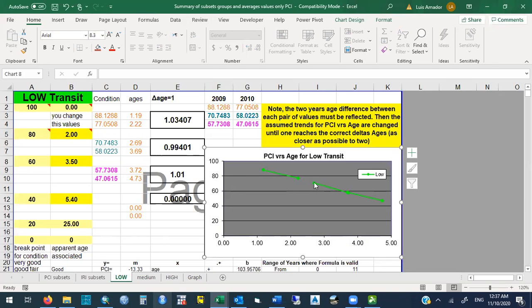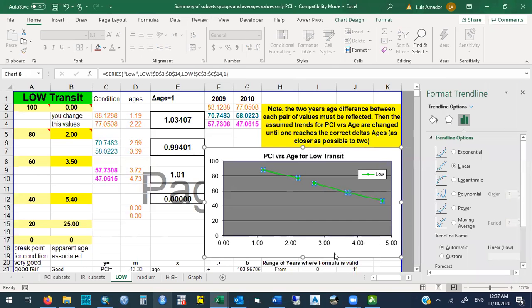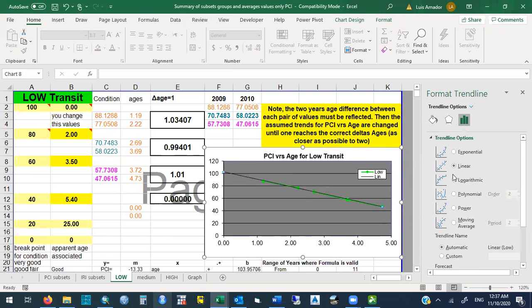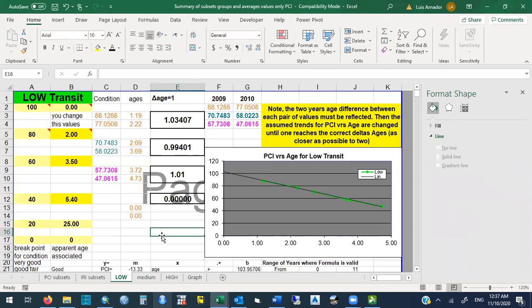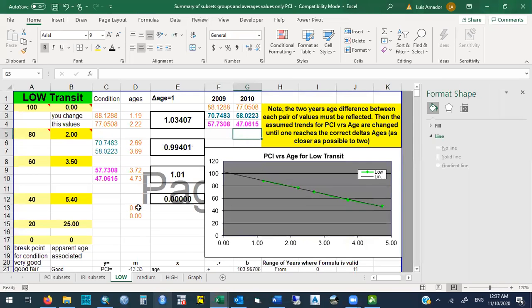You see how fast this is deteriorating? So in 4 or 5 years, it's basically going from 100 to 40. So let me put here a couple... no, I don't have values. What is the equation?